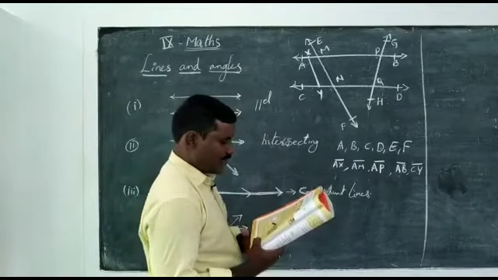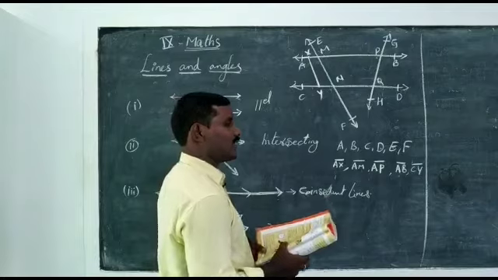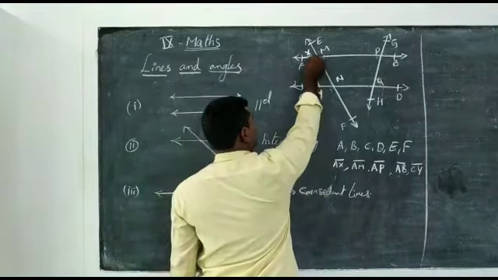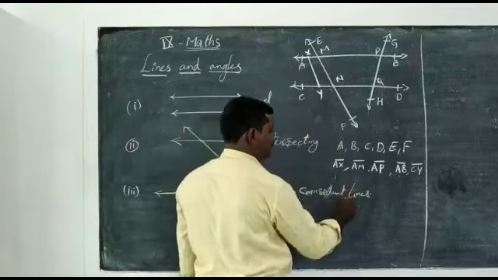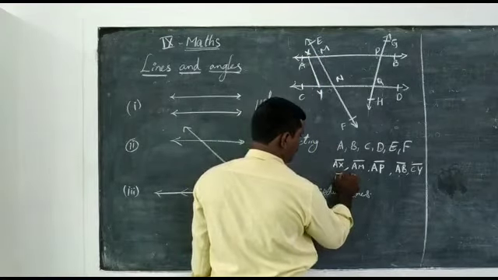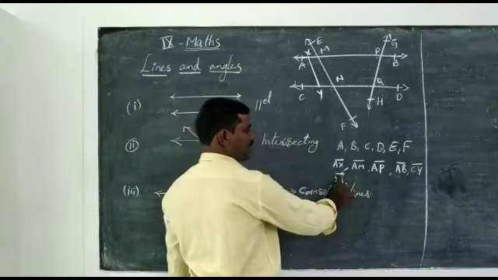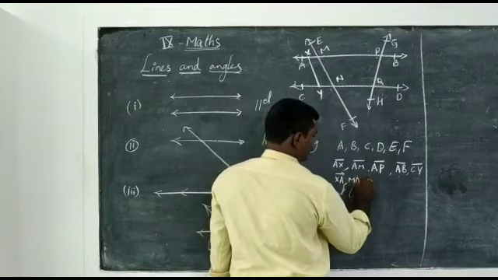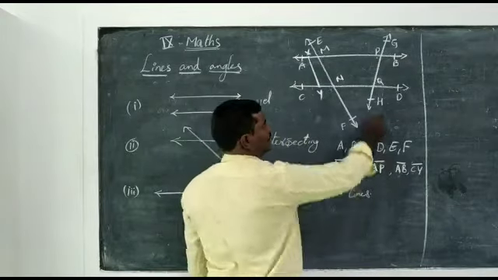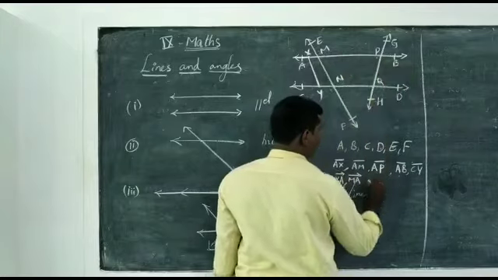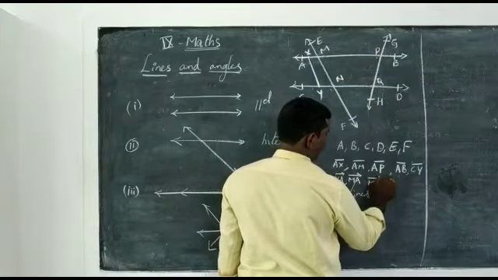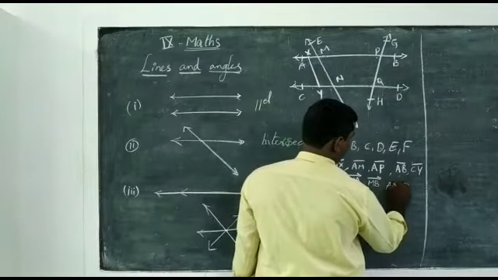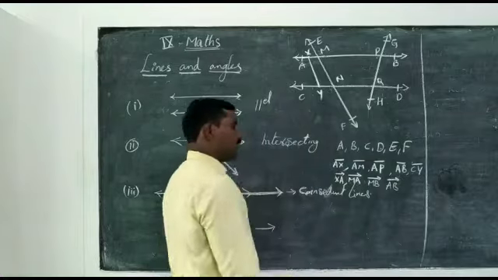And third question, any 4 rays. What is a ray? One endpoint. If you observe here, ray XA, the given symbol is for ray, and ray MA, and ray MB, ray AB, like this give the rays.